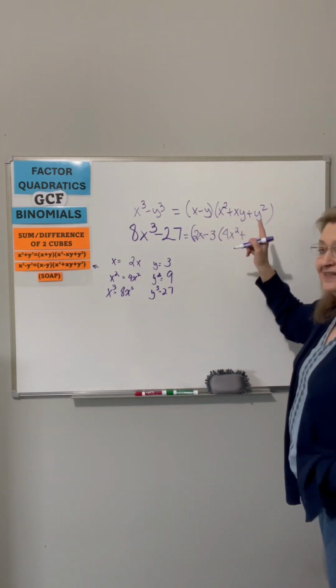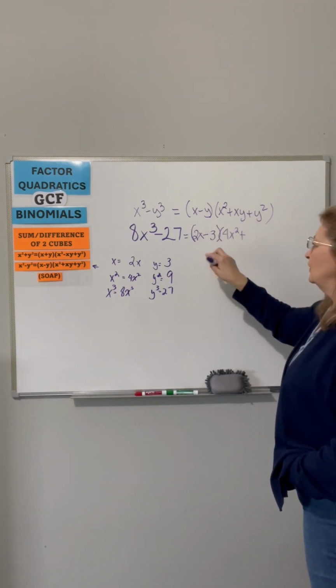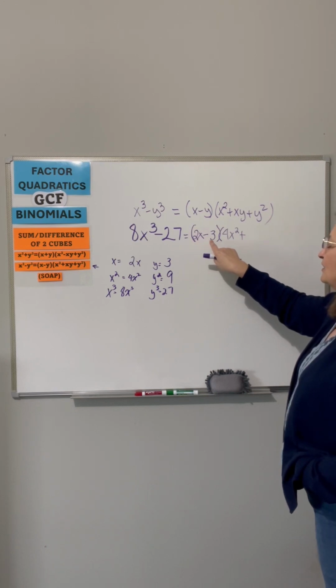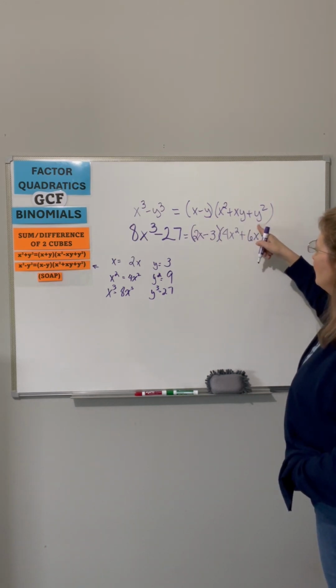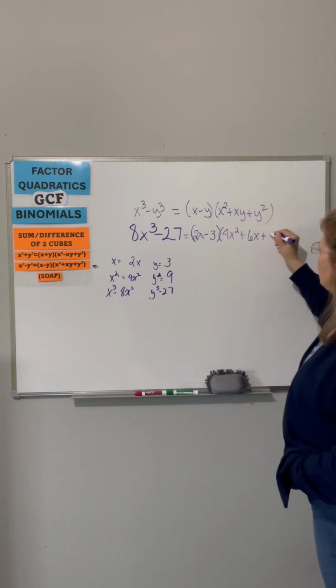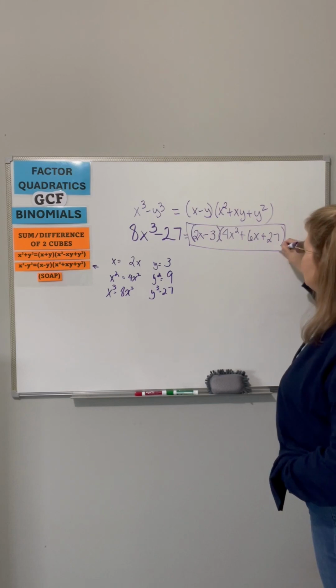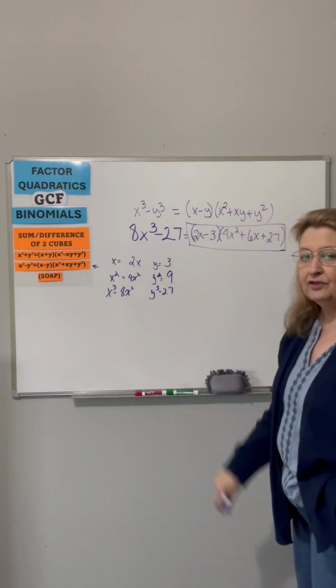All right, now this is xy, x times y. You're actually just going to multiply these two things together. So 2x times 3 is 6x. Then the y squared is 9. Okay? And this is a factored form of a difference of two cubes.